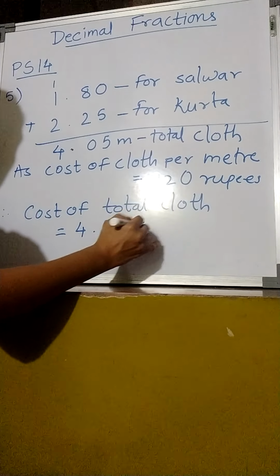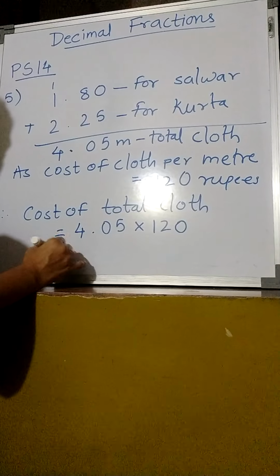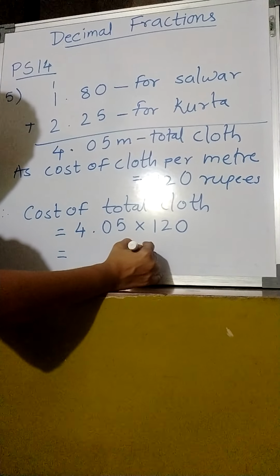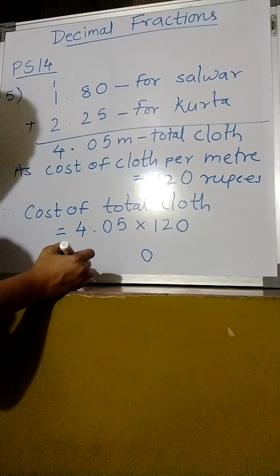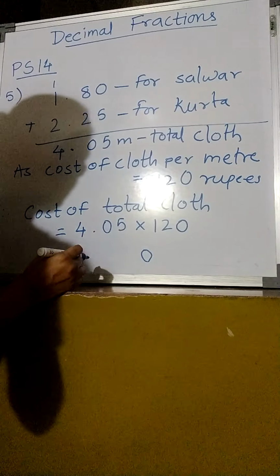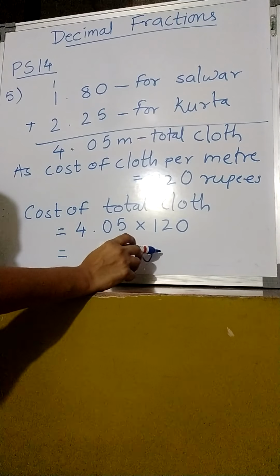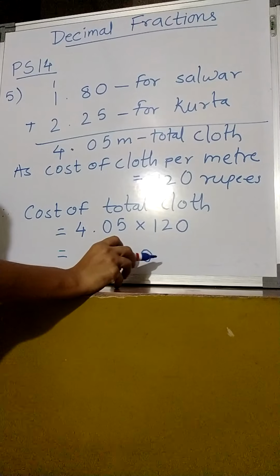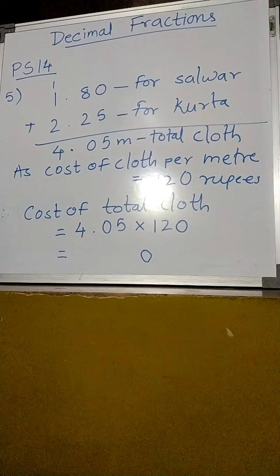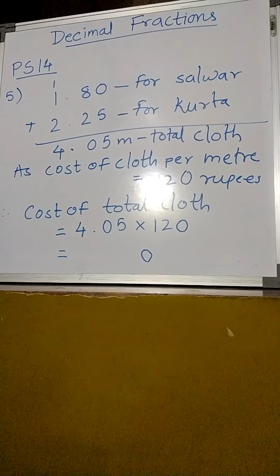4.05 multiplied by 120. Now see, 0 right here. Now multiply with 12. Whenever there is a number which has 0 at the end, you write that 0 first, then multiply with the remaining number, because 120 table we don't know, but 12 table we know properly.